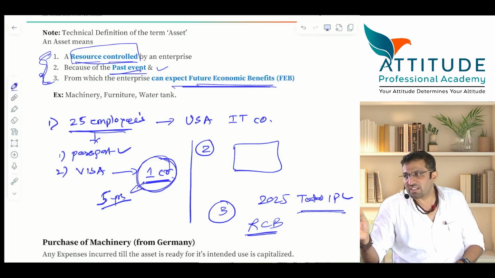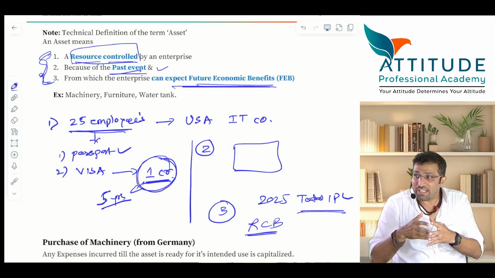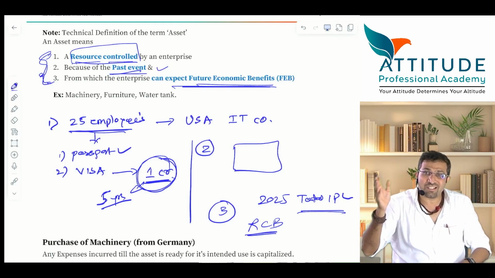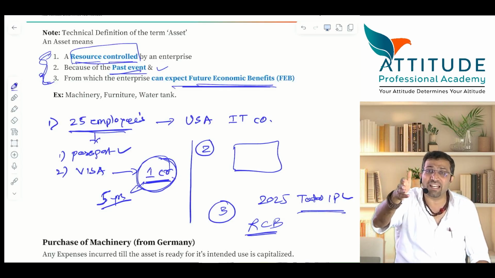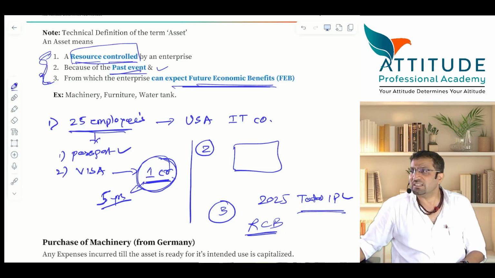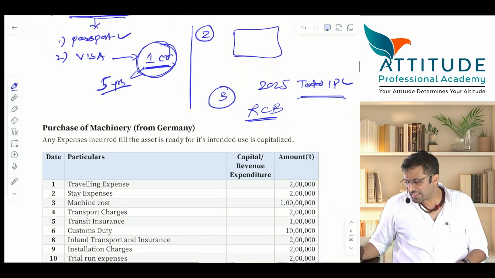How prospective customers behave, you cannot control. So here the resource cannot be controlled, and that is why even if advertisement expenses are a huge expenditure where you get benefit over a period of time, still it is treated as a revenue expenditure, because the resource cannot be controlled. Is that clear? Such questions can be asked. So, 3 examples I gave you.